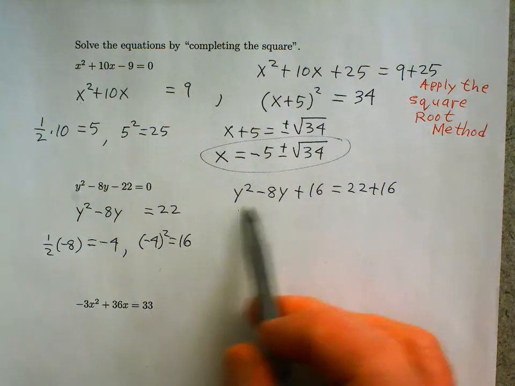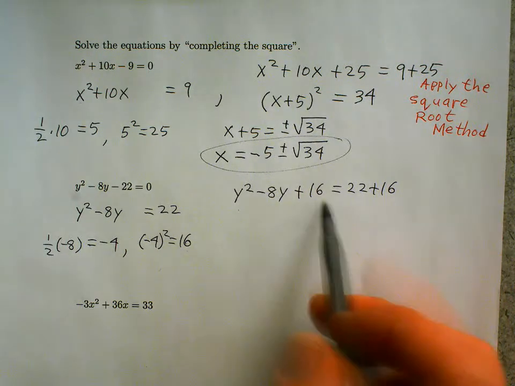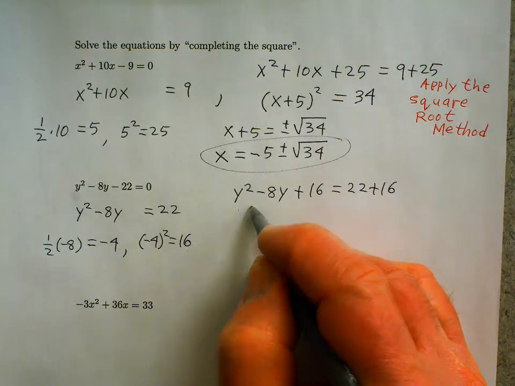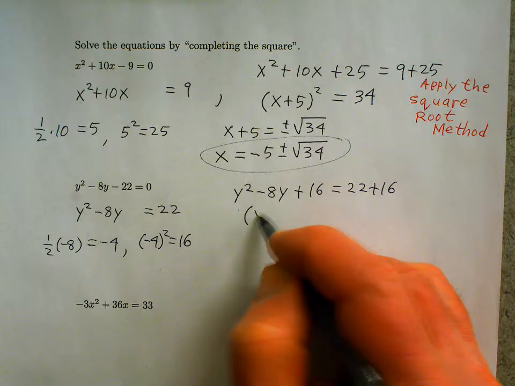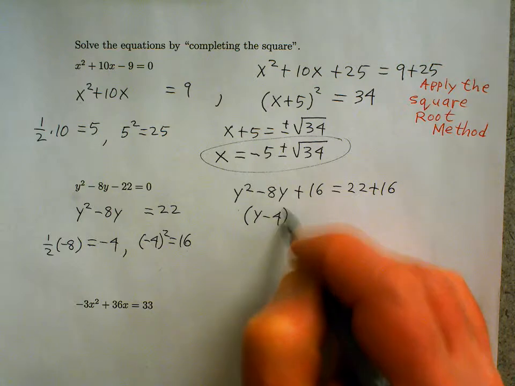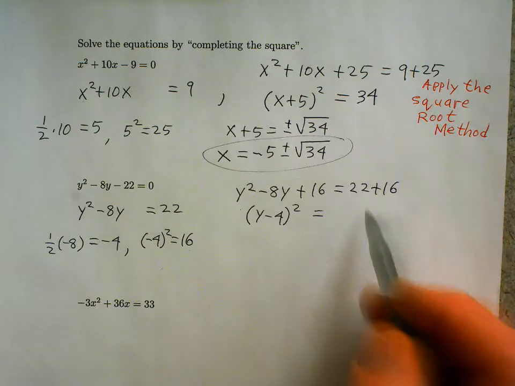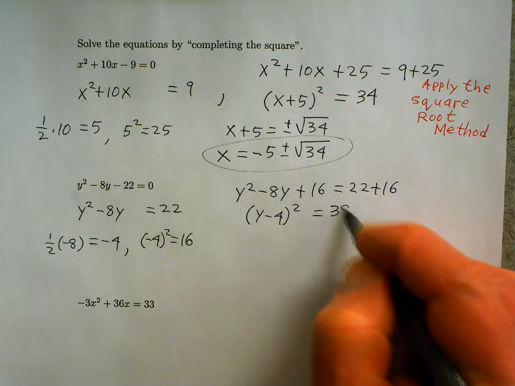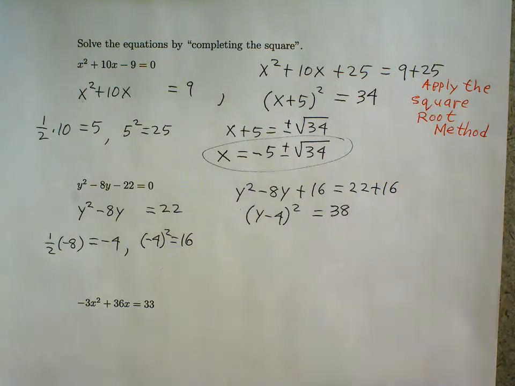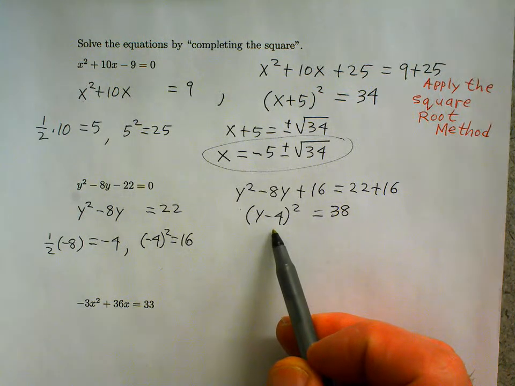The left-hand side is a perfect square trinomial. That means it's equal to a binomial squared. So the binomial y minus 4 squared equals 38. Then we apply the square root method.